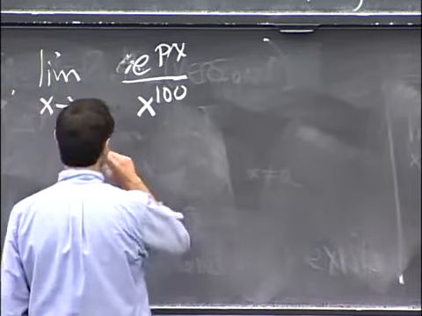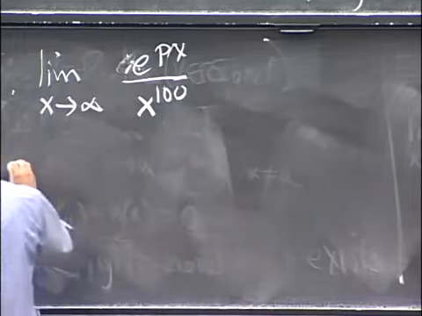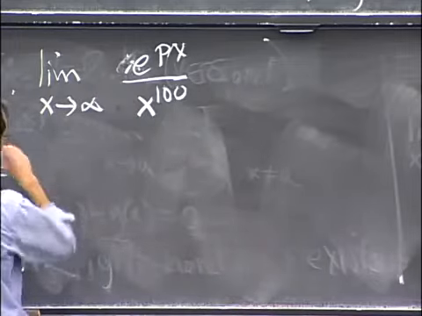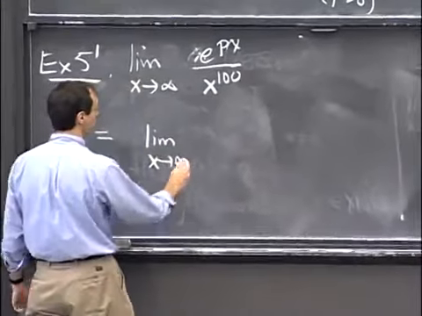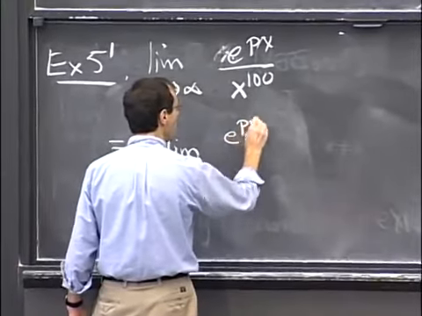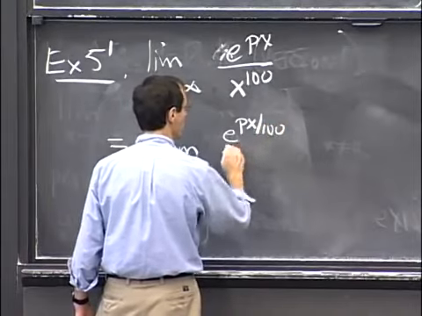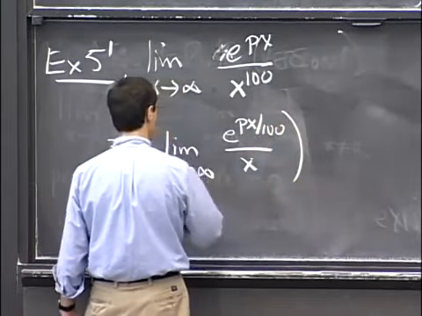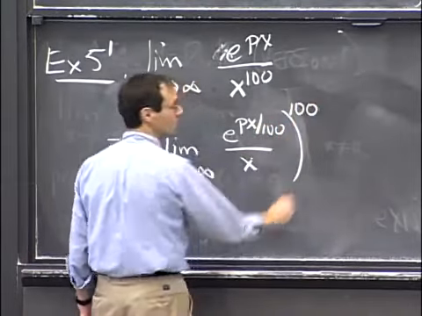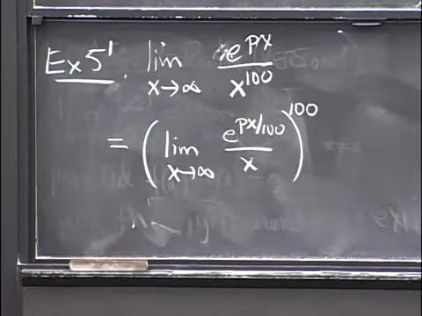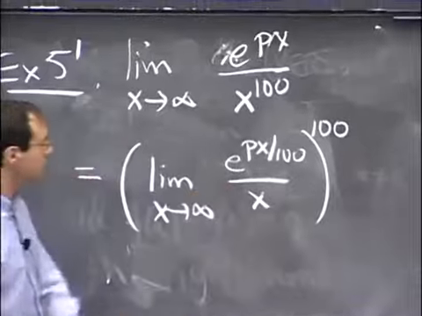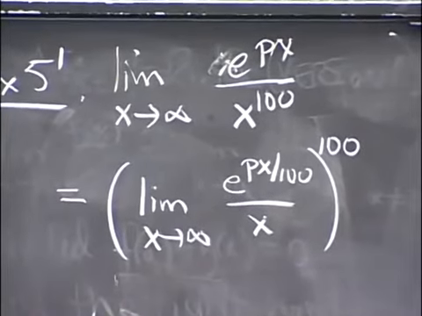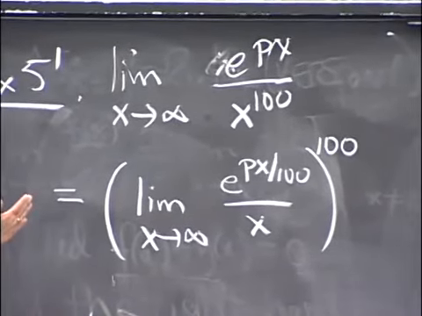So there's a much cleverer trick here, which is to change this to the limit as x goes to infinity of e to the power px divided by x to the 100th power. All right? So if you do that, then we just have one L'Hopital rule step here.